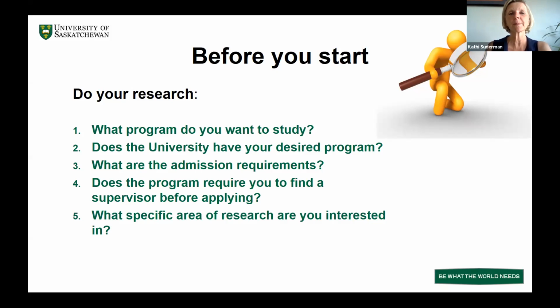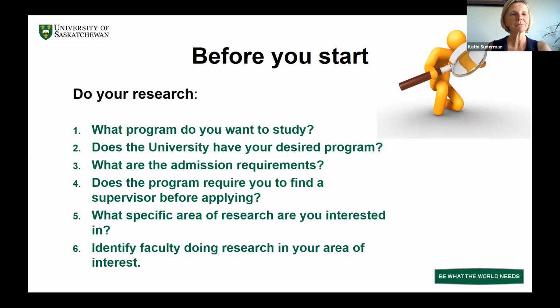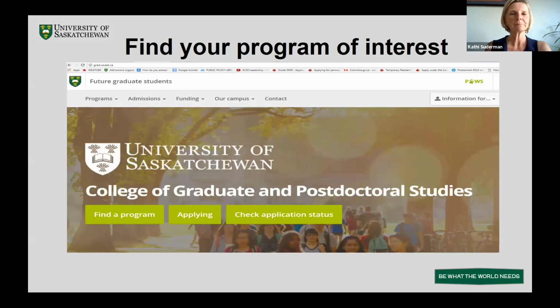Finally, what is your specific area of research that you are interested in? Also important to be thinking ahead of time. And then finally, you need to identify faculty that are doing research in your particular area of interest. I'm going to say a little bit more about those things.